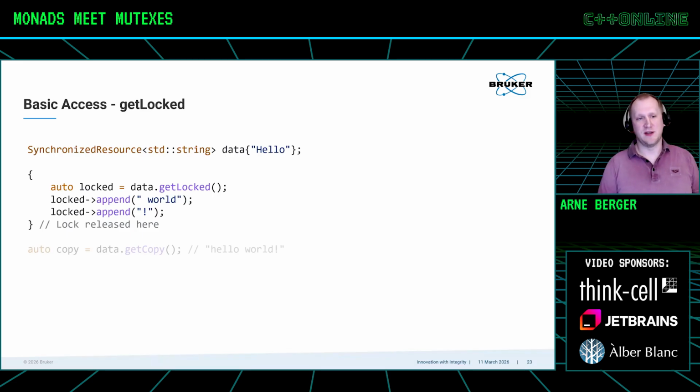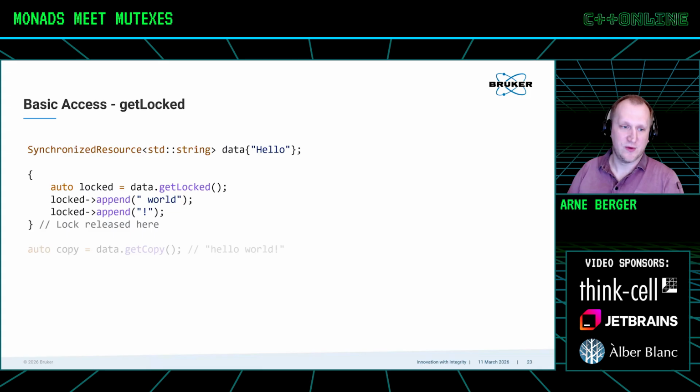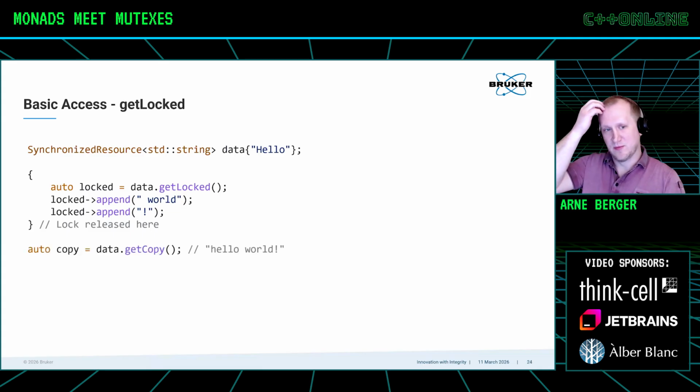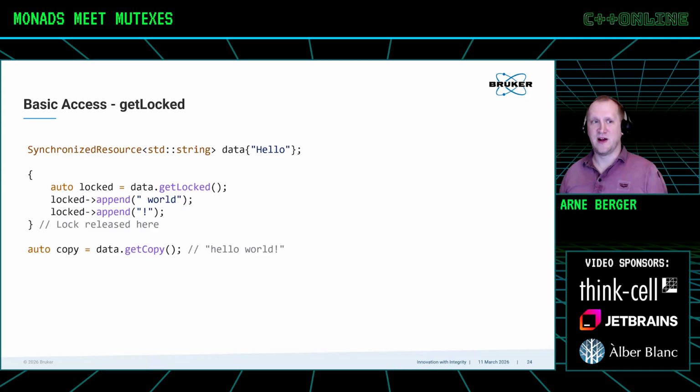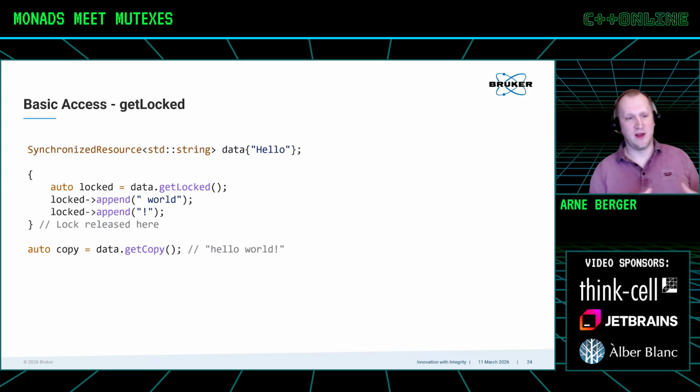It stays locked until this lock guard goes out of scope, and it keeps the reference for itself. And then afterwards, it modified the value within the synchronized resource. Those are the basic functions I thought of, also inspired by the code I looked at and talks with my colleagues.